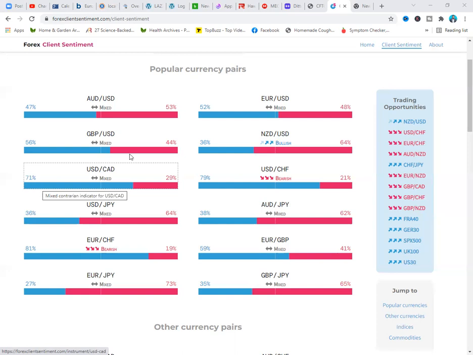So if the banks want to make profit from we, the retail traders, then what it means is that if we, the retail traders, are positioned, for instance, USD CAD, if we are more over here, the banks wouldn't like to take the trade to where the majority are. They would like to take the trade to where the minority are so that they can take the majority's money as their profit.